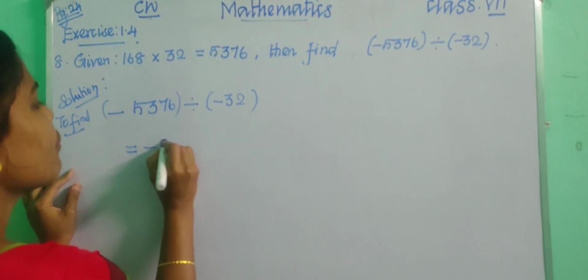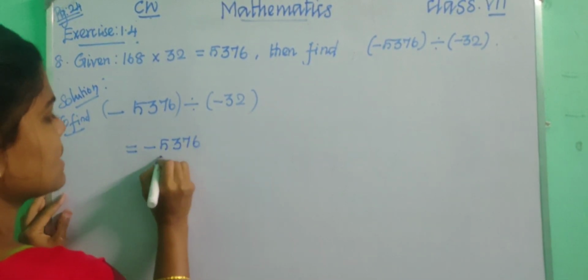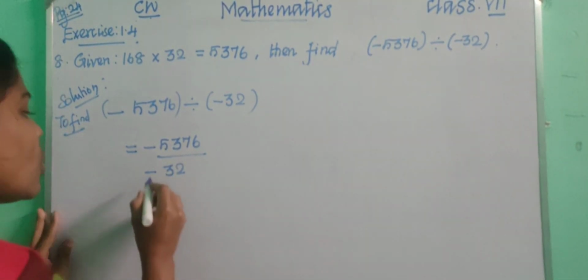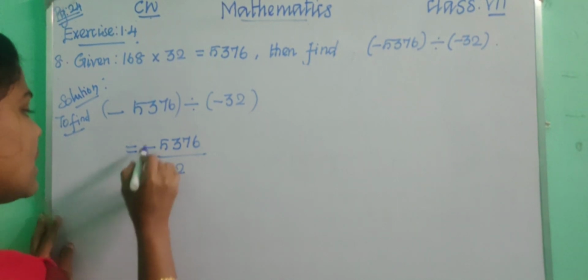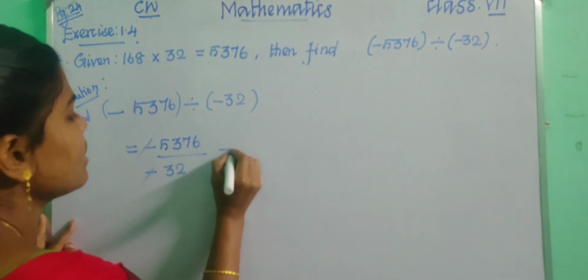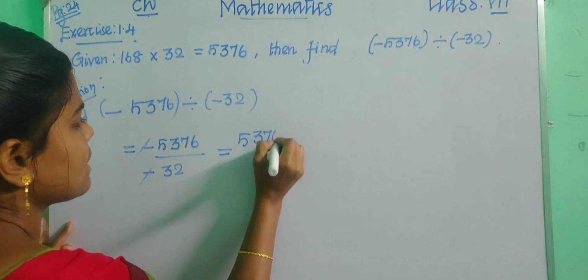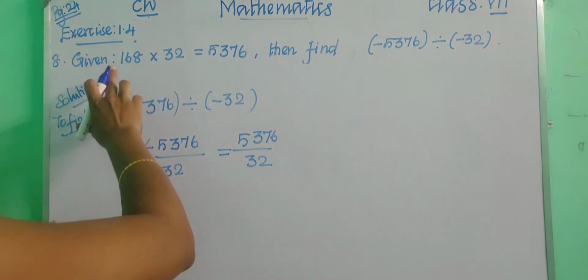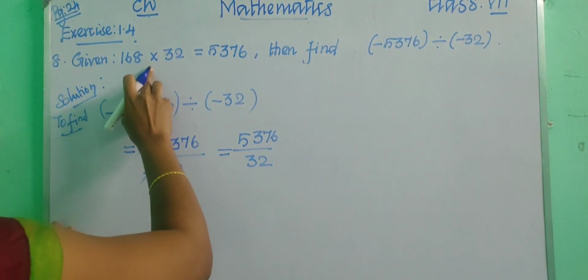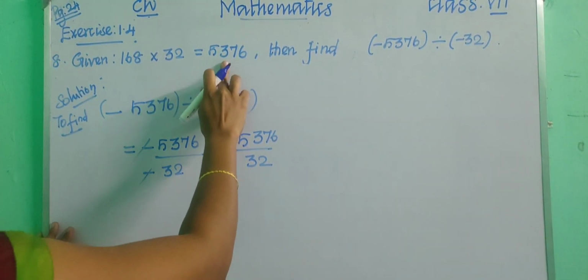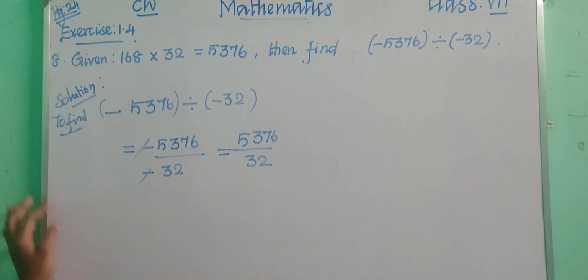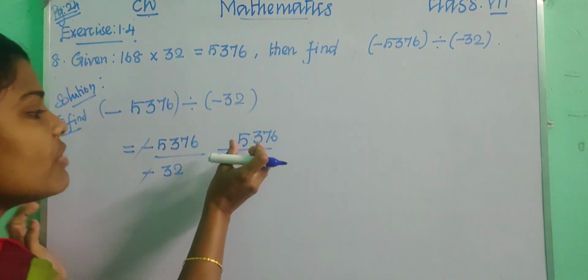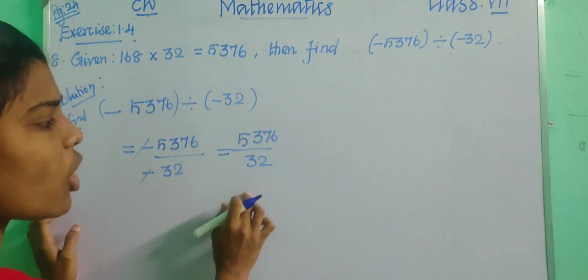So minus 5376 divided by minus 32. We are having minus and minus, so that we can cut, right? So now we are having 5376 upon 32. So what is given? 168 into 32 equal to 5376. We are going to use this one. We can solve by using the normal division method.